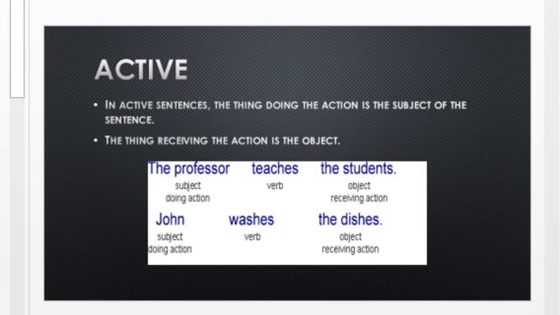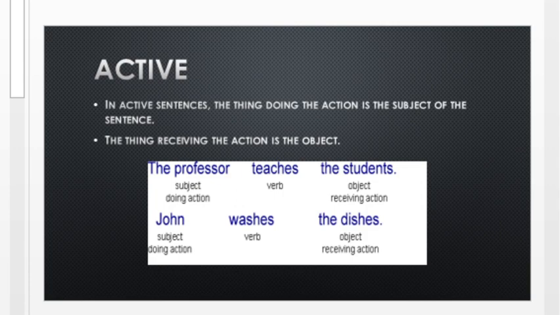Just to give a bit of a refresher on the active sentence, the thing doing the action is the subject of the sentence. If you look at the two examples that we have here, the thing receiving the action is the object. In the first example, the students is the object, the one receiving the action.